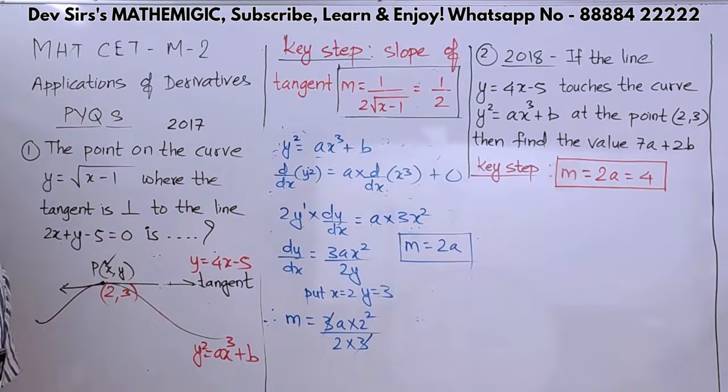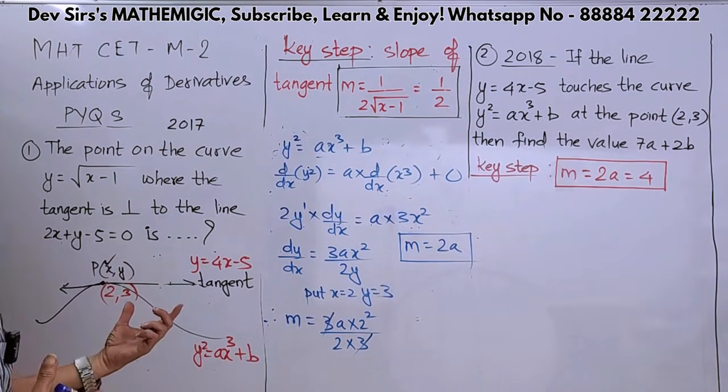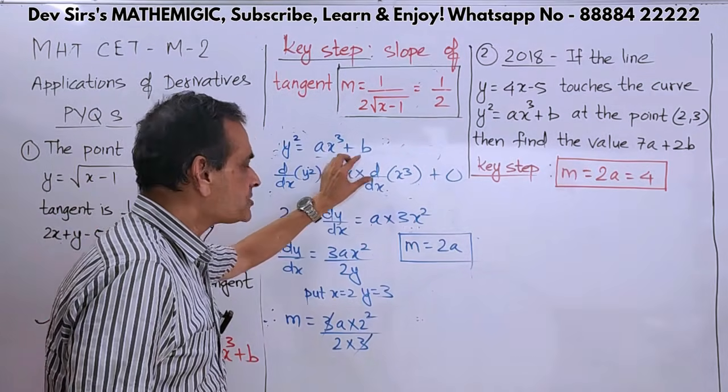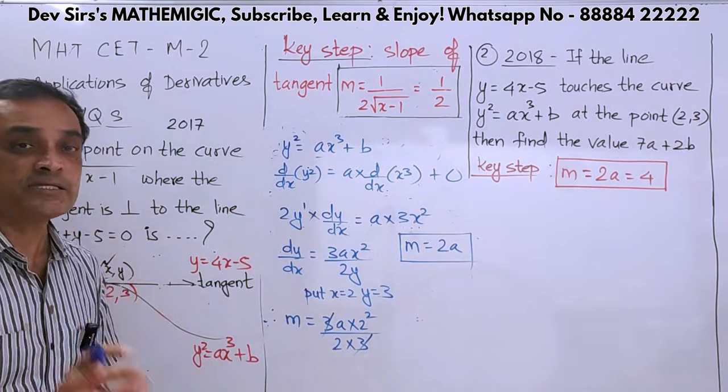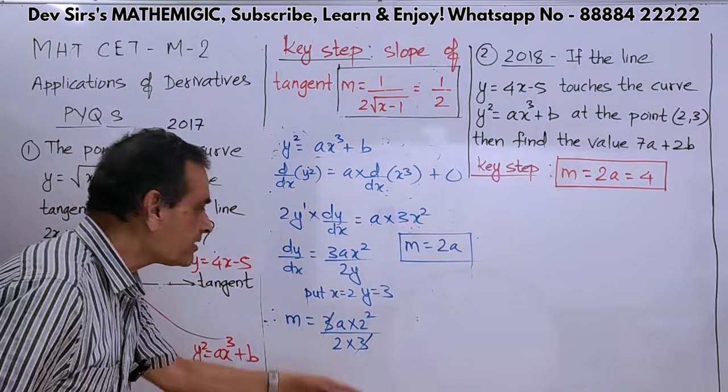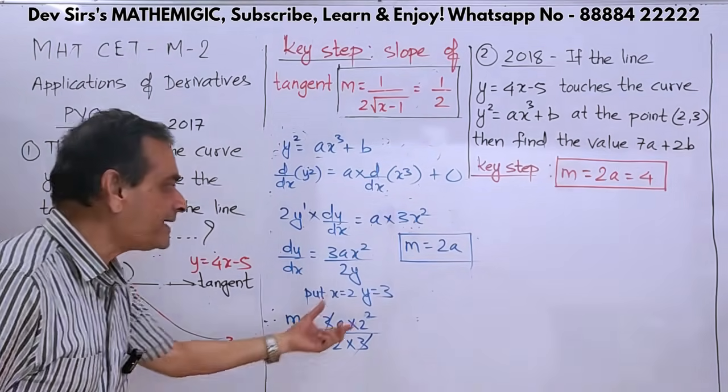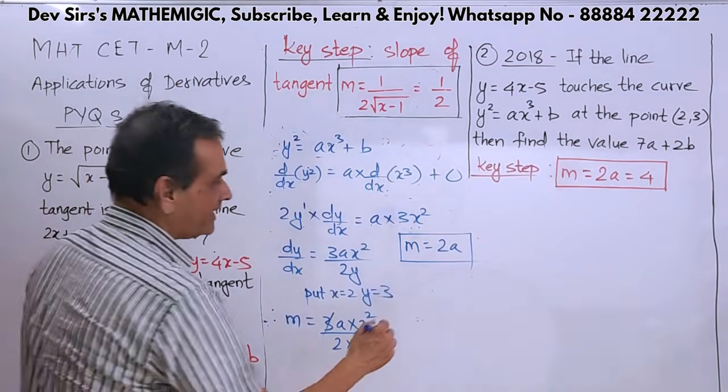So this is how we get m. Like we did in the earlier case, consider the equation of the curve, find dy by dx, but since x and y are given, put x equal to 2, y equal to 3, and you actually get m, the slope of the tangent, equation 1.